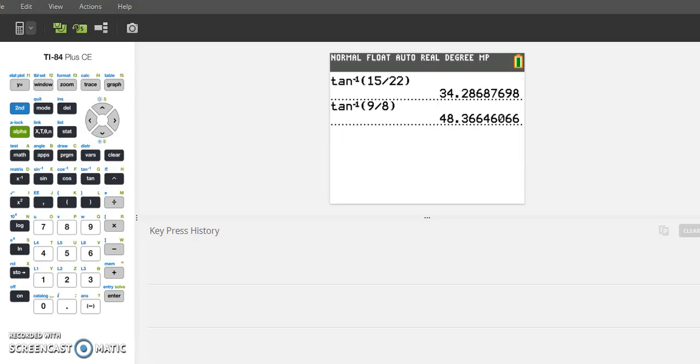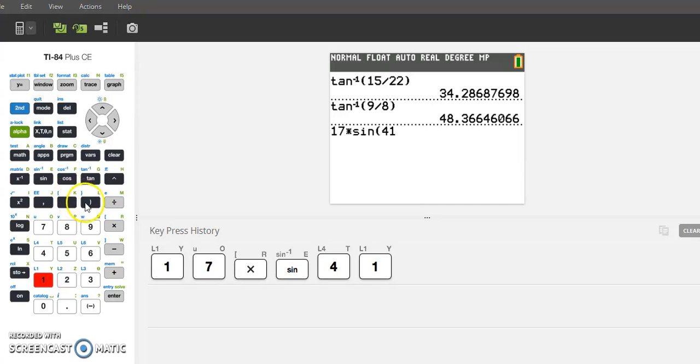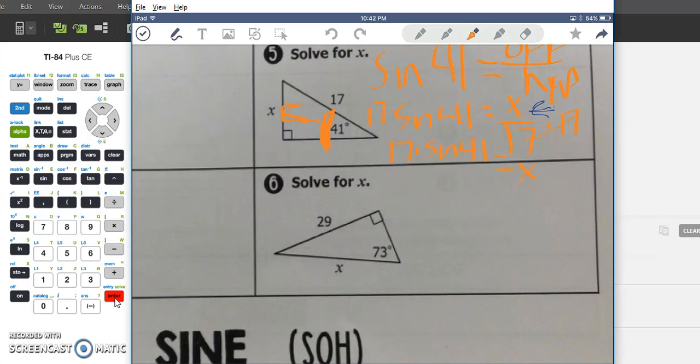So if we go over here and type into your calculator 17 times sine 41, close the parenthesis just for good practice. You could get away with not putting the end parenthesis, but just good practice, go ahead and put it, hit enter. So that side, if we rounded, would be about 11.15, or 11.2 actually. So we'll just say it's approximately 11.2. That's what x is going to be in this problem.